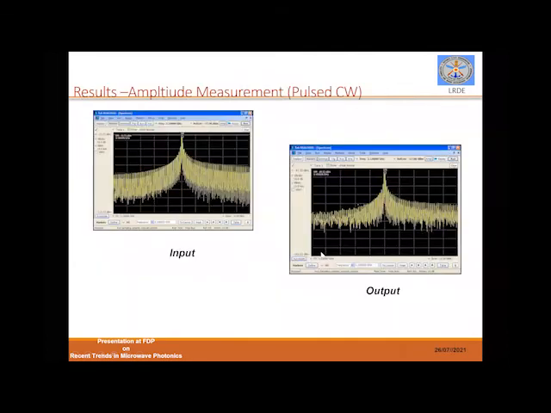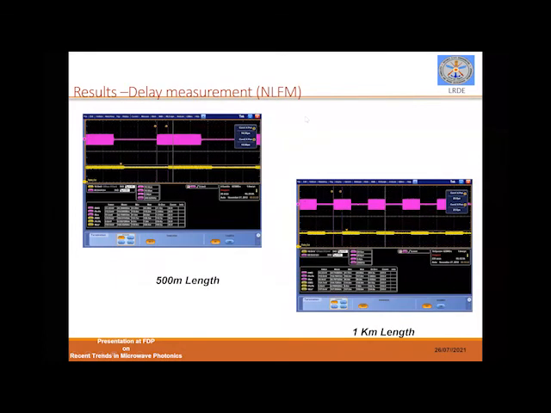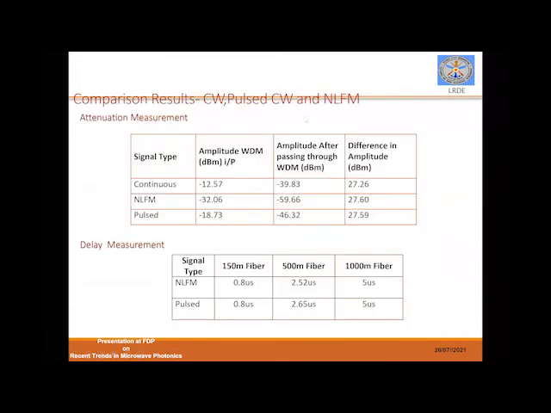Here also, after passing through this circuitry, we measured the amplitude for different signals. This is with the pulsed continuous wave, and this is the delay measurement with the same setup. And here also, I'm sorry, maybe some shift has happened.